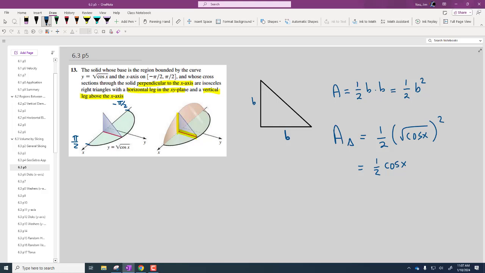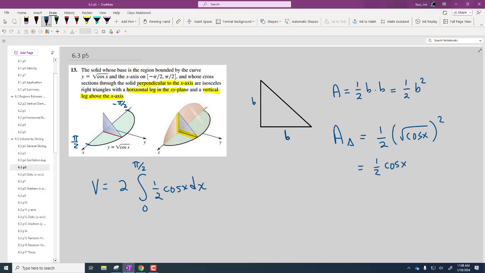So yeah, that matches. Now for the volume, we could use symmetry here. Symmetry is a good thing usually because when you have a limit of integration that's 0, that's always helpful. We know that the solid on that side of the y-axis in the negative x direction and this side have to be the same. So the total volume is going to be 2 times the integral from 0 to pi over 2 of our area function.